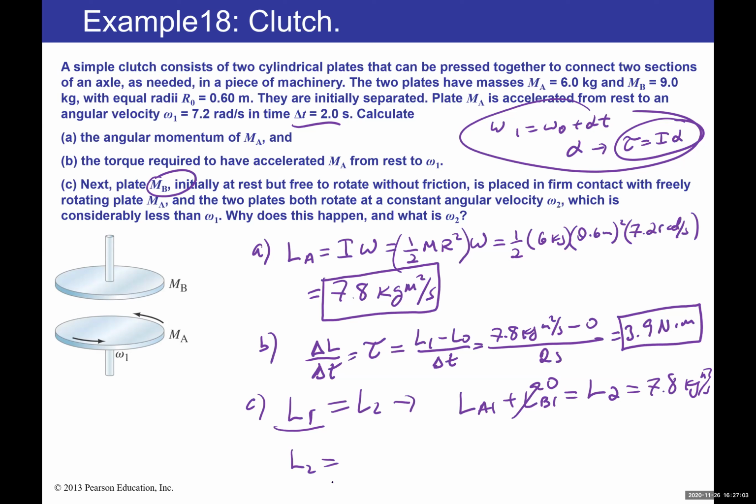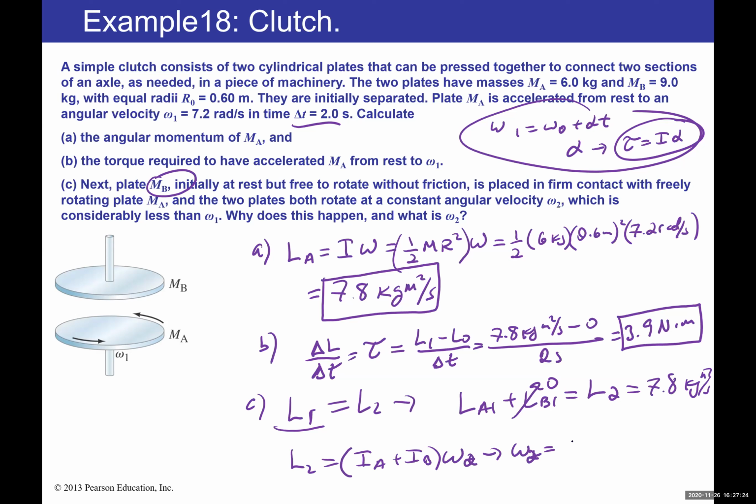But L2 is also the angular momentum of the two plates combined, which equals I of A plus I of B times omega final, or rather omega 2, because we're using 1 and 2.